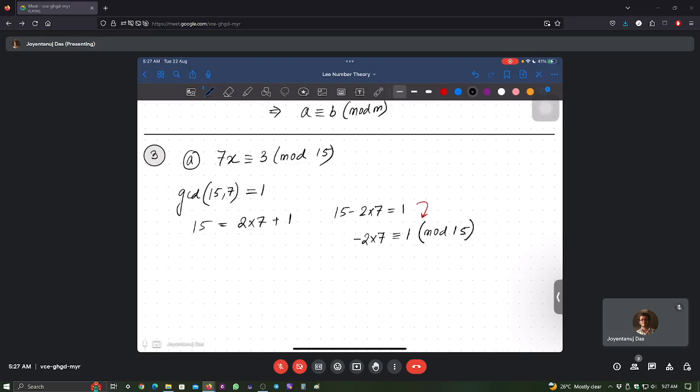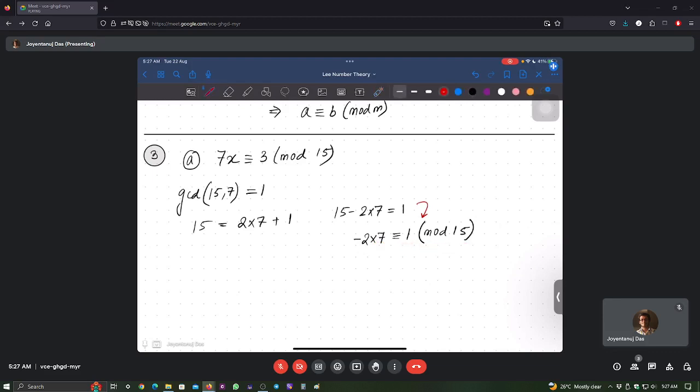And 1 modulo 15 is still 1. So if I multiply 7 by minus 2, it becomes 1 in modulo 15, right?